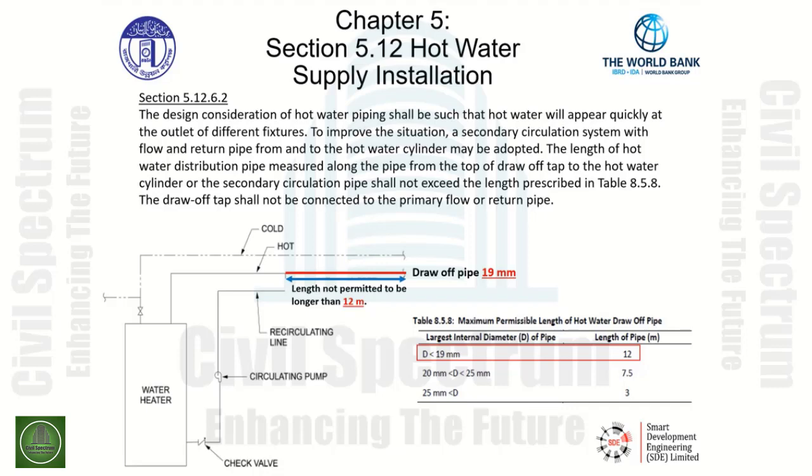The length of the pipe is not permitted to exceed 12 meters, as seen here. We also have 20 millimeters to 25 millimeters and diameters that exceed 25 millimeters. And on the right-hand side, we'll give you the maximum length of pipe from that particular point in the hot water distribution system to the draw-off pipe and the tap accordingly.